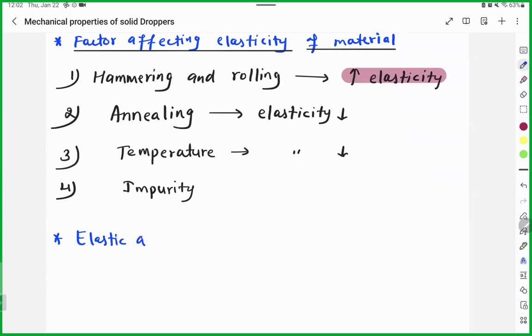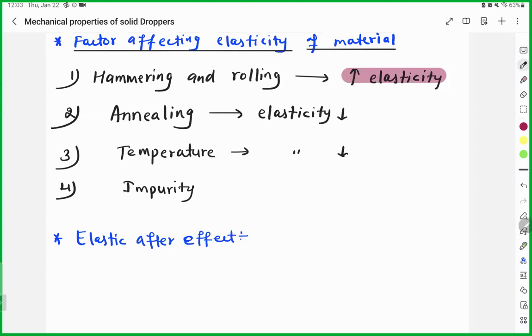Do you know what is this elastic after effect? Sir, I'm not sure. Sarah, what is elastic after effect? I don't know, sir. Even if you remove your deforming force, instantly it should come back, but if it takes hours to regain the position, it is known as elastic after effect.